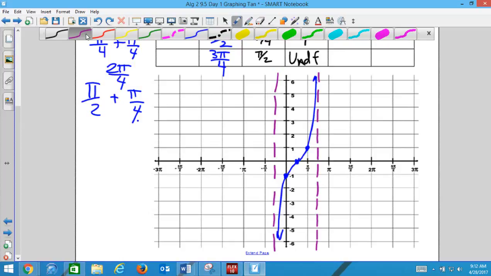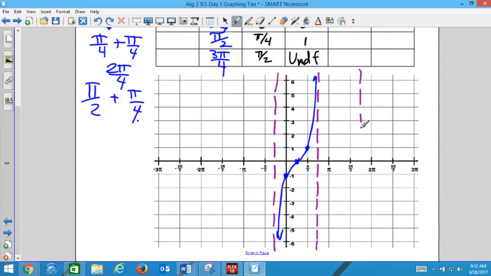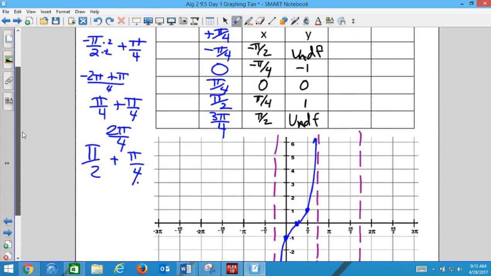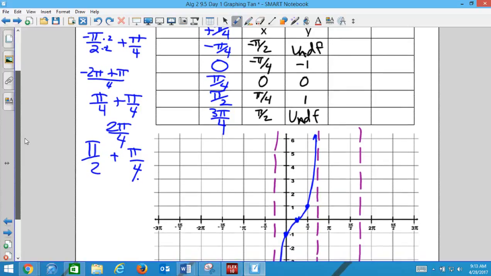And then what is our period? How far apart are these asymptotes? Pi apart. So when you draw more, just make sure that you're going exactly the same distance every time. Awesome question. Isn't it supposed to be 0, 1? 0, negative 1.